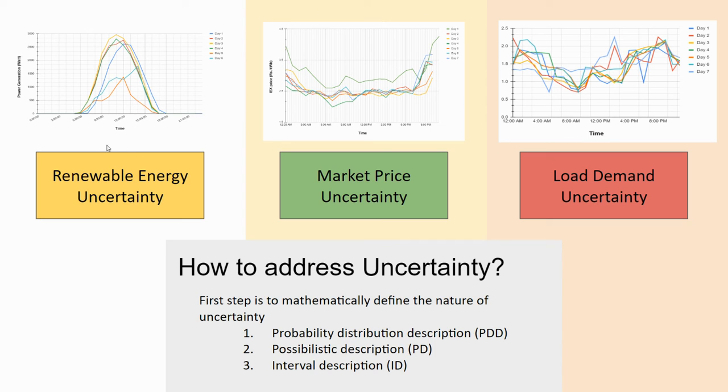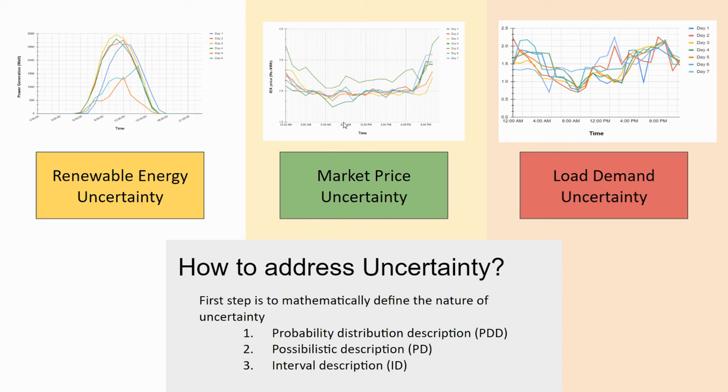There is a 5 kilowatt rooftop solar system above the academic block C, and this graph represents the output of that 5 kilowatt rooftop solar system. For 6 days it has been shown, and you can observe how tremendously the output of the solar system is varying.